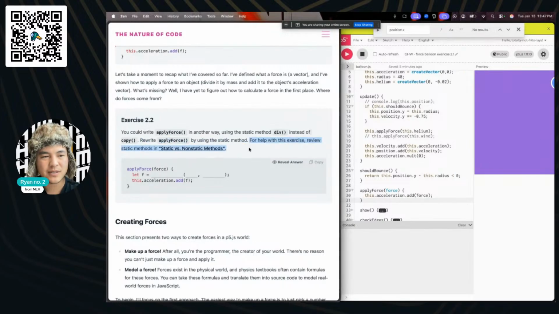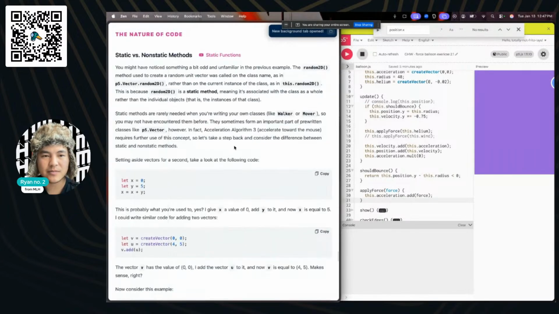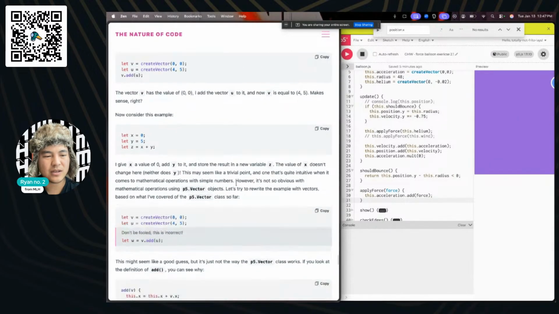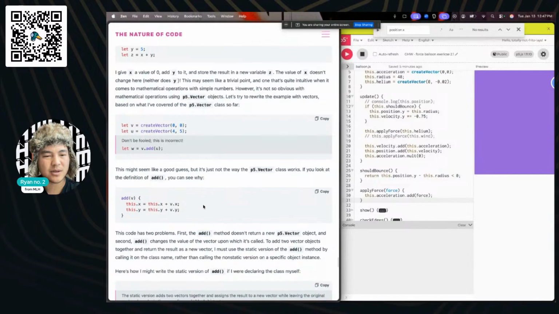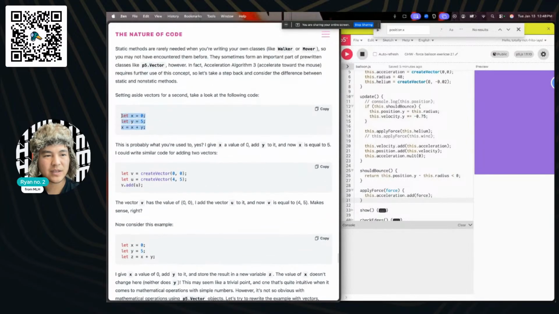For help with this exercise, review static methods here. And I believe this is just going to be programming static versus non-static methods. So the way that static methods work, I believe, is if we had just done it using, I guess, like the straight values instead of using it with the vector values.